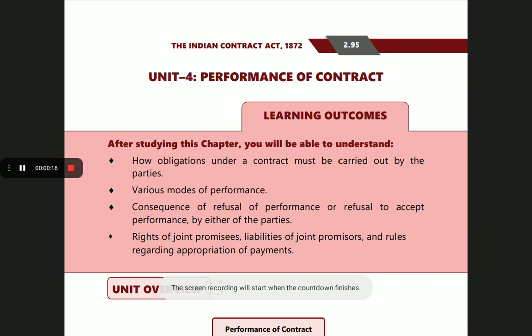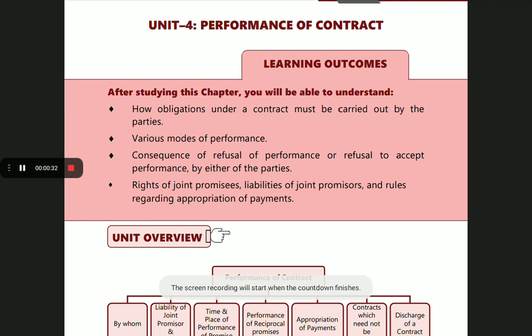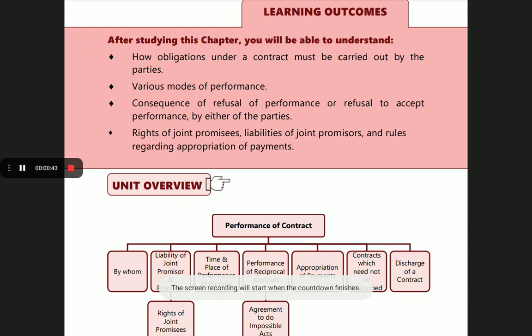After studying this chapter, you will be able to understand how obligations under a contract must be carried out by the parties, various modes of performance, consequence of refusal of performance or refusal to accept performance by either of the parties, rights of joint promisees, liabilities of joint promisors, and rules regarding appropriation of payments.